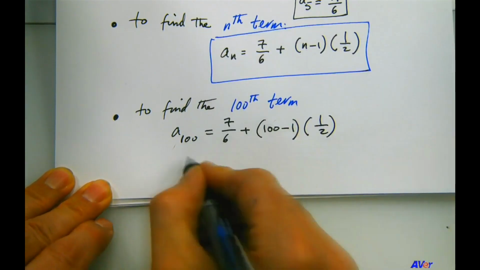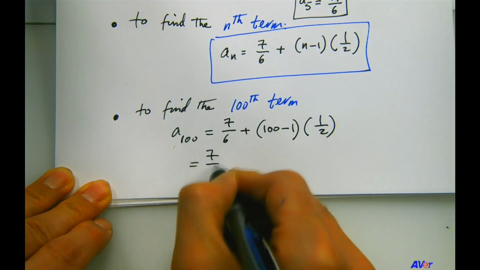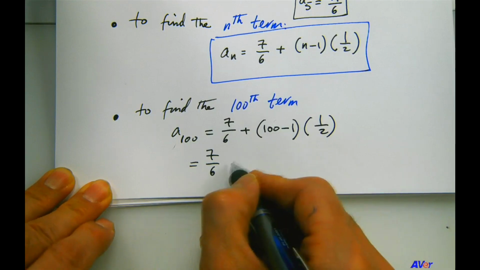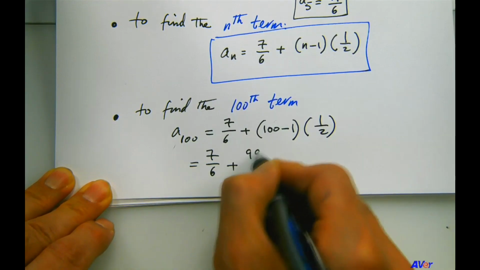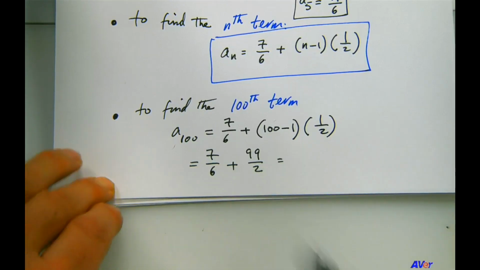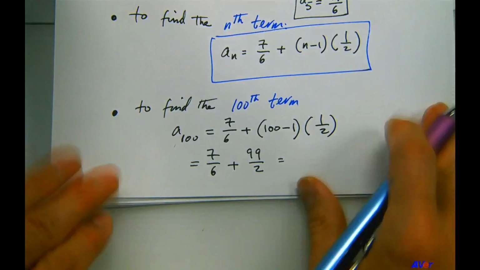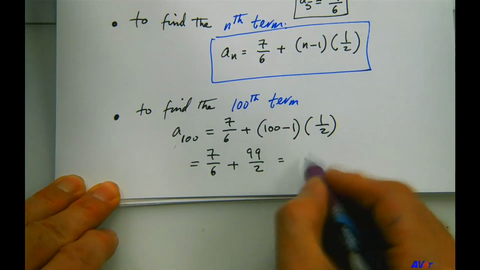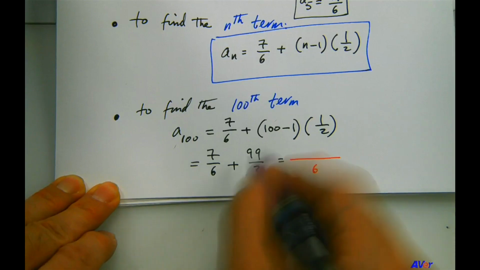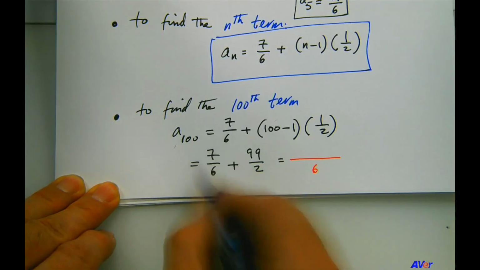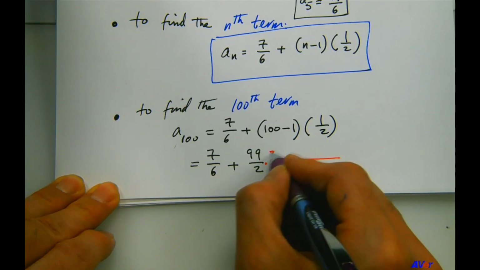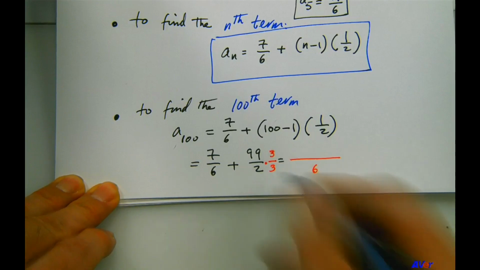Okay, so we have 7 over 6 plus 99 times 1/2, or plus 99 over 2. Once again, we need to take the common denominator. The common denominator would be 6, looking at these two numbers. This one is okay. We don't have to multiply this fraction by anything. But this one, we need to get it there, so we multiply it by 3 over 3.